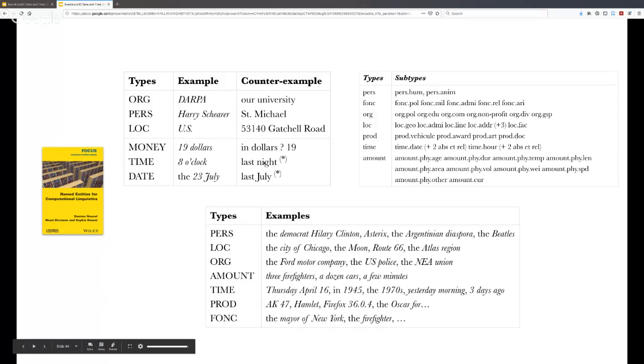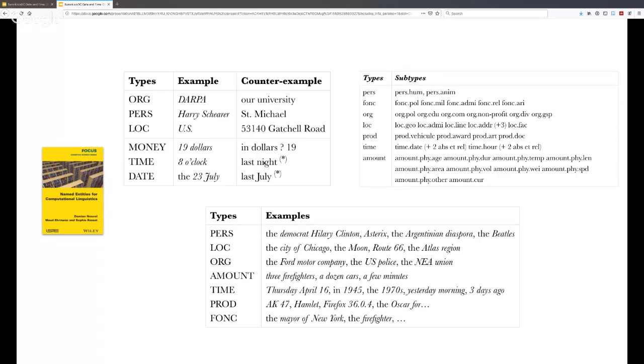And then we can also have subtypes because it depends on the data we are annotating, the language, etc. I don't have examples for ancient sources. You can see here we have examples in this slide concerning modern text in English.